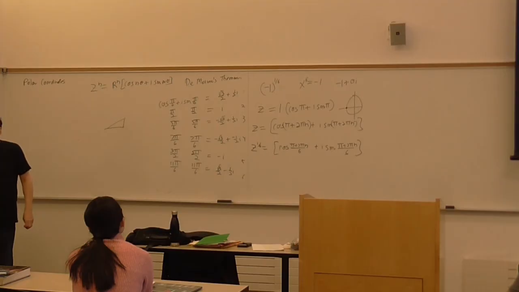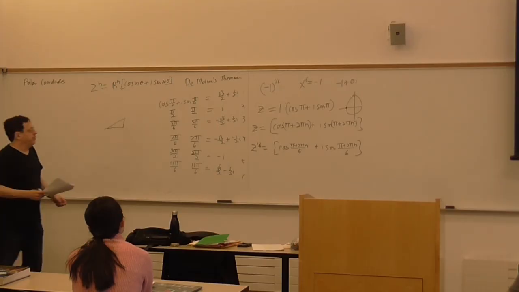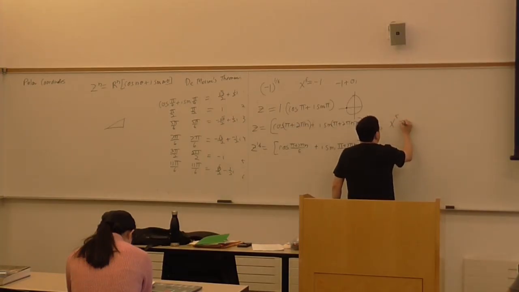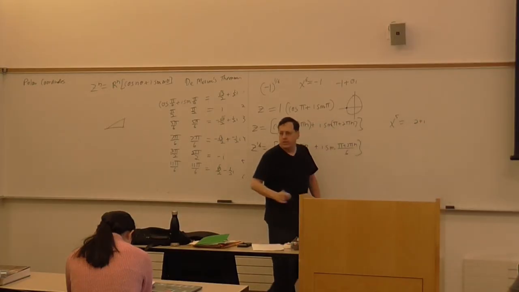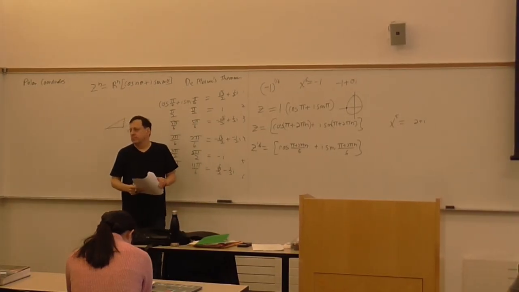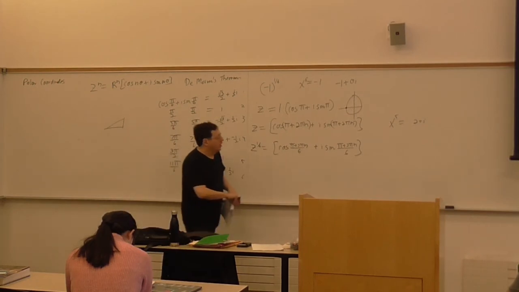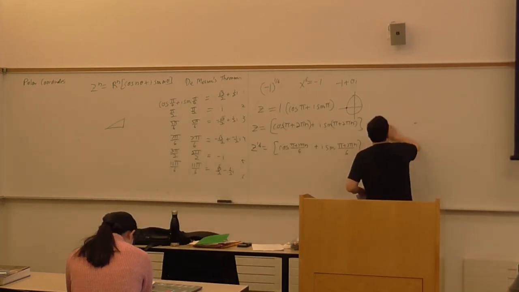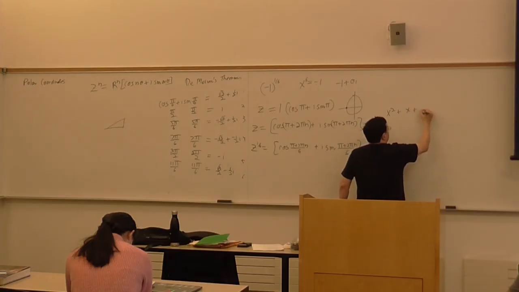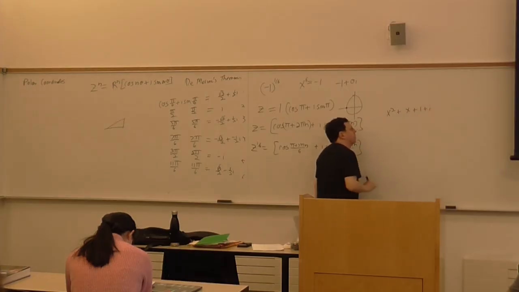So if you're presented with, I don't know, x to the 5th equals 2 plus i, right? This is how you can figure that out. Or I guess you might have just a quadratic, say, x squared plus x plus 1 plus i, right?